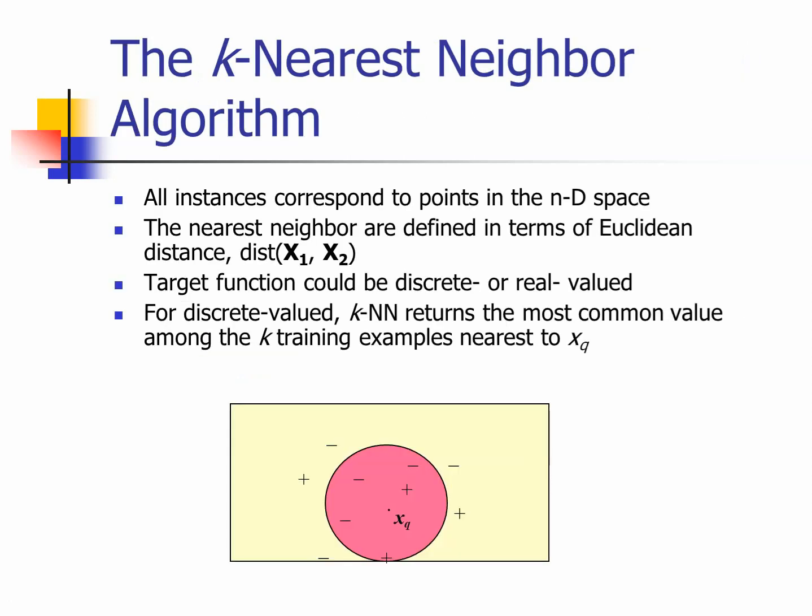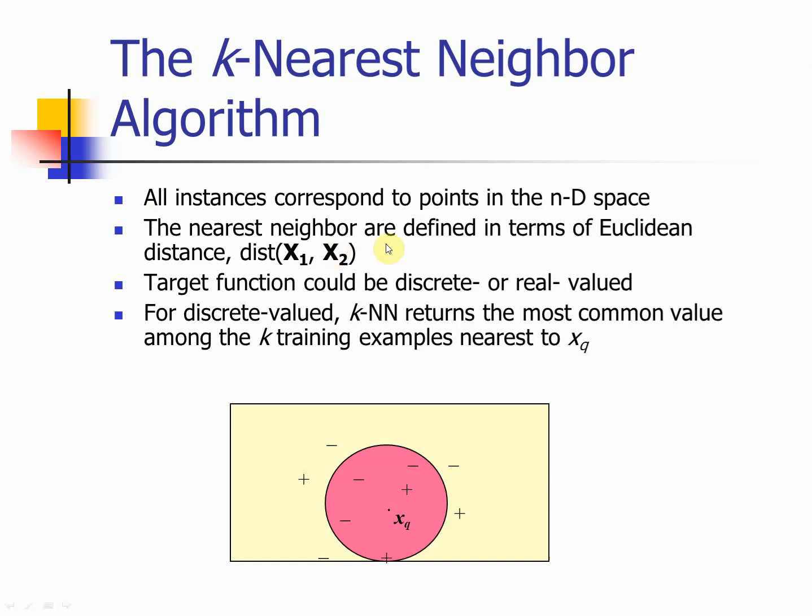K-nearest neighbor algorithm: all instances correspond to points in an n-dimensional space. So depending on how many attributes you have, you will be able to represent that in the space. Of course, you can project all of those things into a two-dimensional space or something like that, which can be performed in our data preprocessing steps.